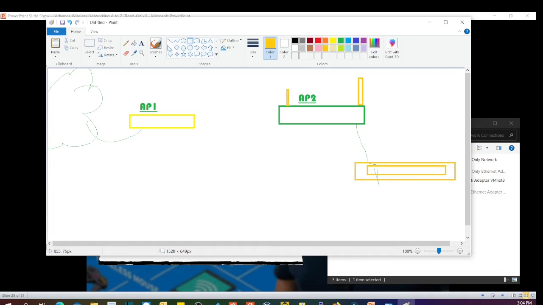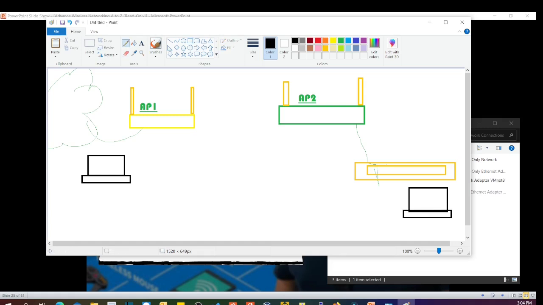This is the antenna. So I need your attention, guys. This is very important because I've seen many people get confused about what they're doing while they configure, and they don't know what's going on. All right, so I have one computer. This computer is connected to this access point, and this computer is connected not to this access point, but to this switch.